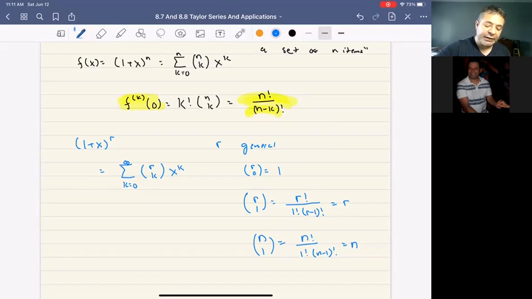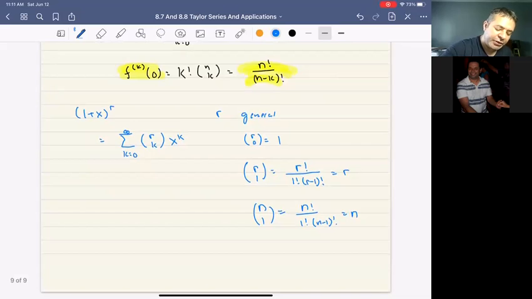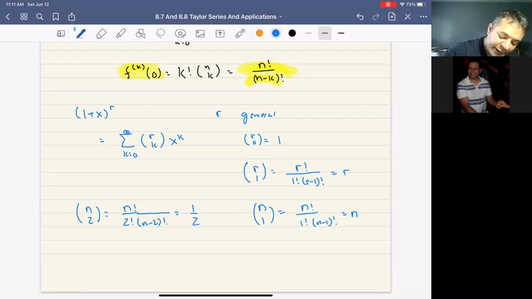Let's do n choose 2 and then r choose 2. n choose 2 is n factorial over 2 factorial times n minus 2 factorial. So that's going to be 1/2 n times n minus 1.